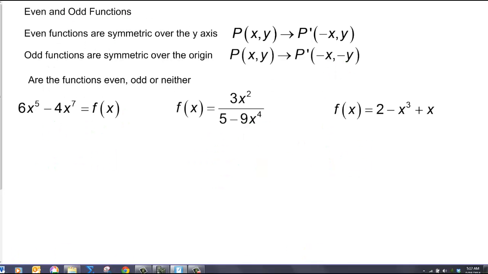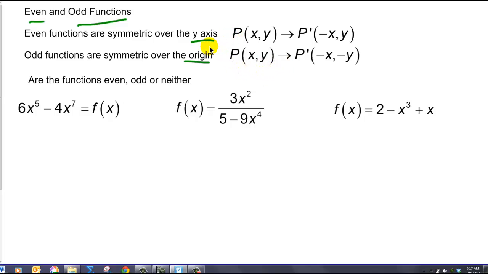Finally, we talk about functions that are even and odd, and we've actually done this already, except using other terminology. Even functions are functions that are symmetric over the y-axis, so they have y-axis symmetry. Odd functions are symmetric over the origin, and those have origin symmetry. And we've already tested for these earlier this year.